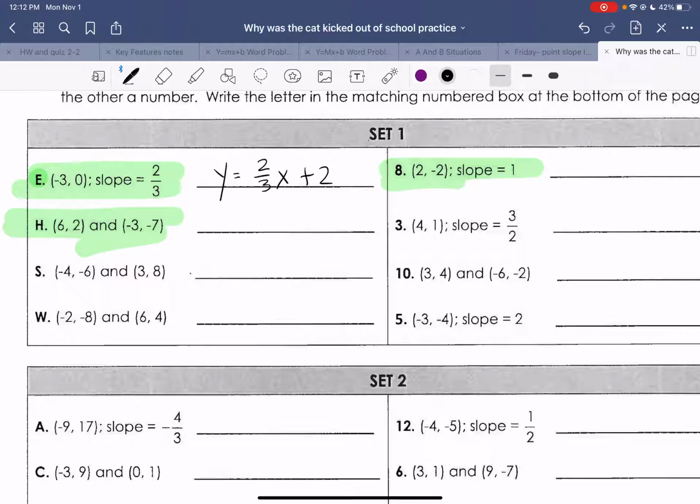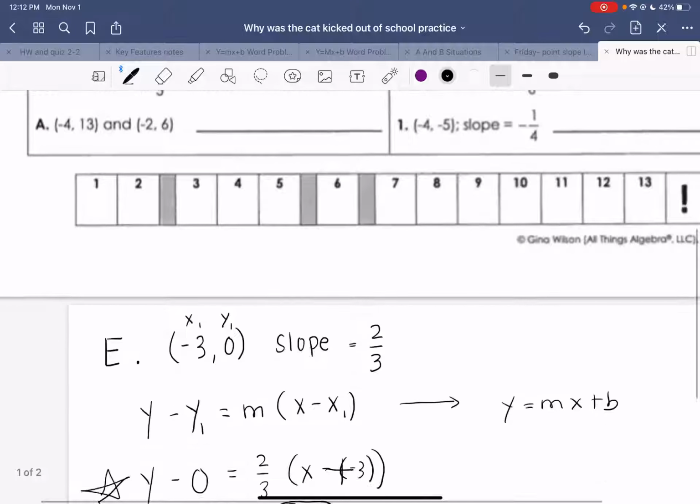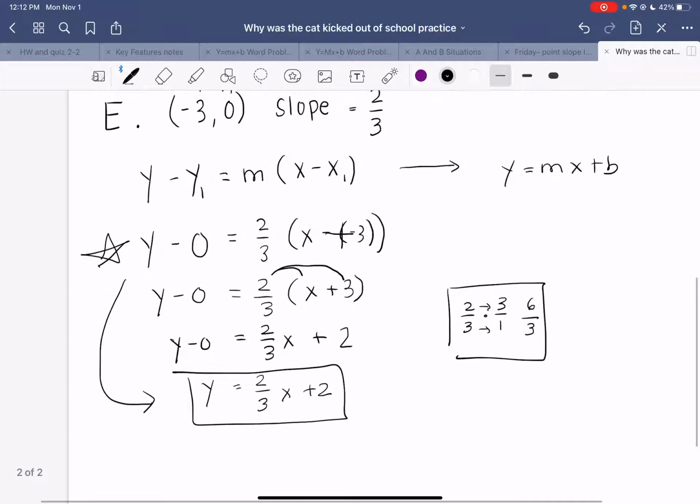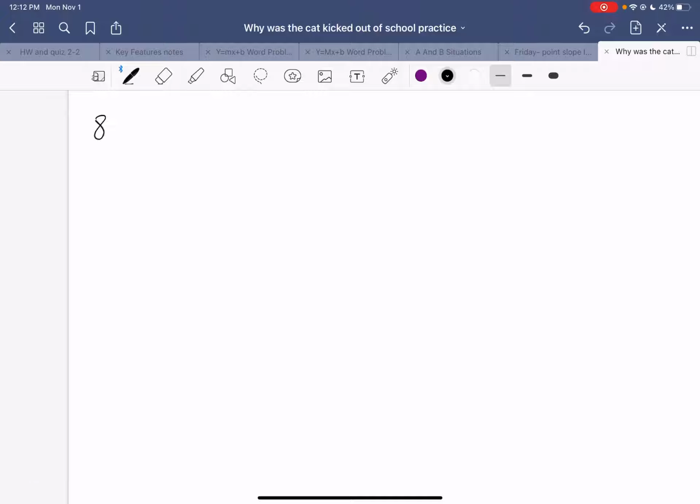So now we're going to do number 8, so same concept but different numbers. So number 8, we have given 2, -2 as a point on our line and a slope of 1. We're going to transfer our information given from point slope form.